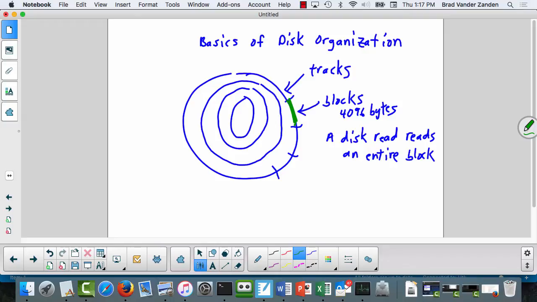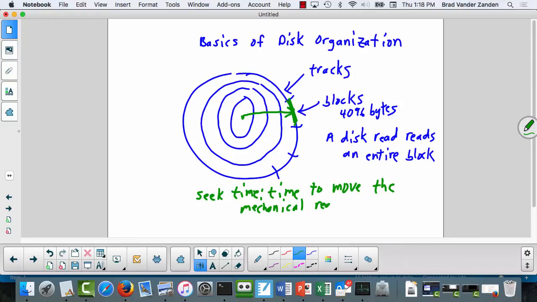So that requires two actions. The first action is you have to move the arm of the reader to the right track. That's called seek time, and that's the time to move the mechanical read-write arm to the right track.